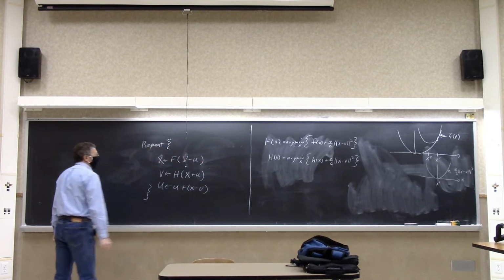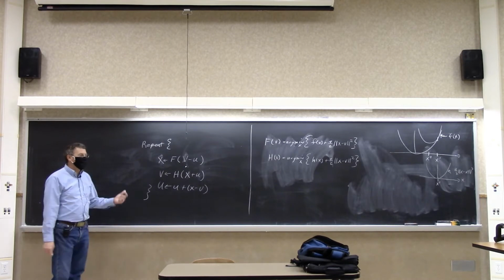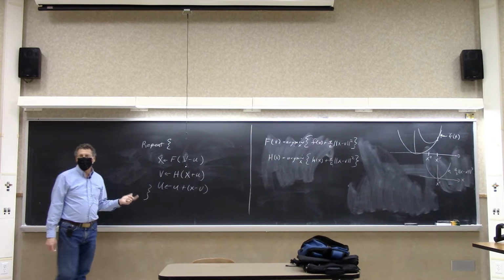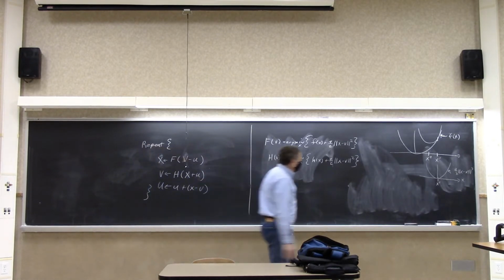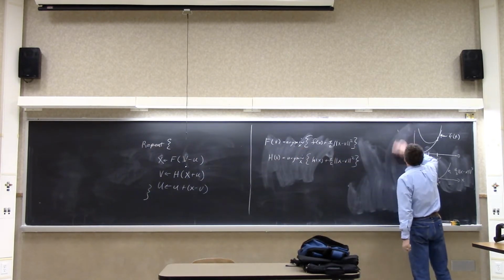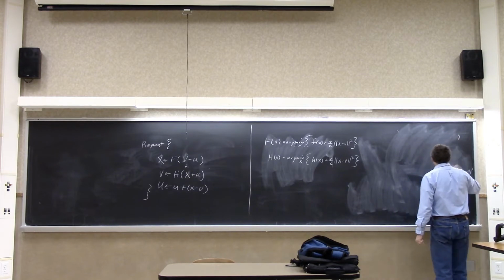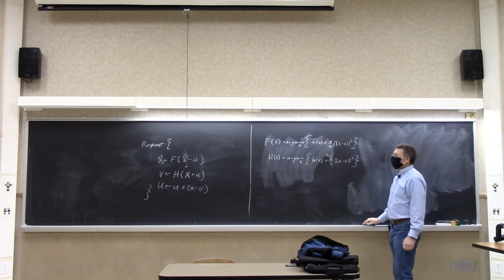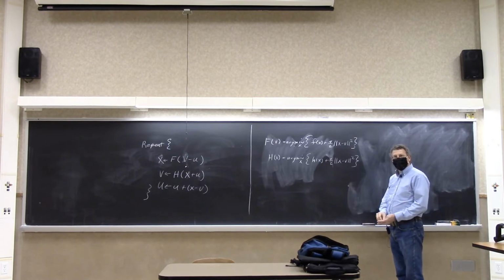Now, let's actually work a problem with this framework so you can see how it works. So imagine that you want to solve a problem like this. By the way, any questions?